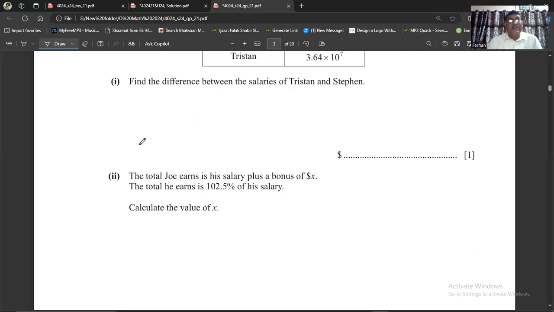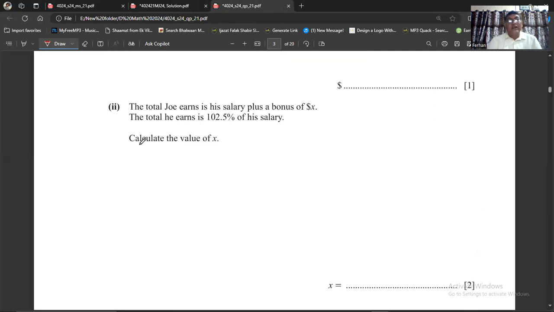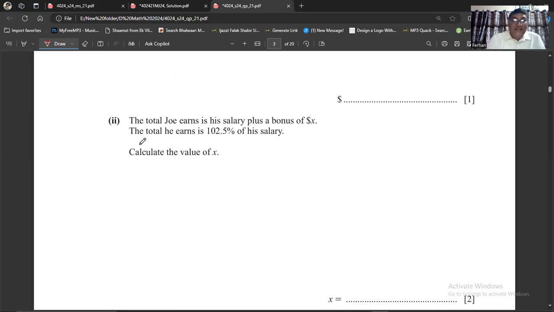He says the total Joey earns is his salary plus a bonus of x dollars. The total he earns is 102.5% of his salary. Calculate the value of x. Okay, so we know his salary.